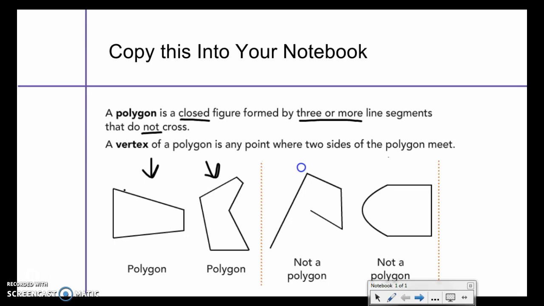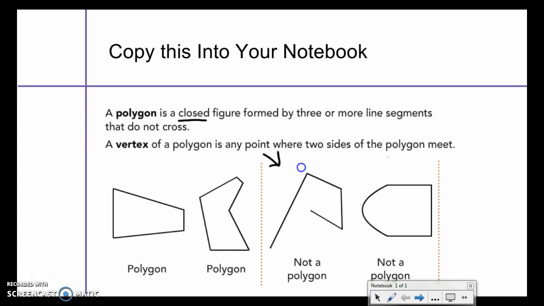Okay, you know it has to be a closed shape. You know the lines have to be straight. All right? We are also given a couple of examples of shapes that are not polygons. So this right here is not a polygon because it is not a closed shape.